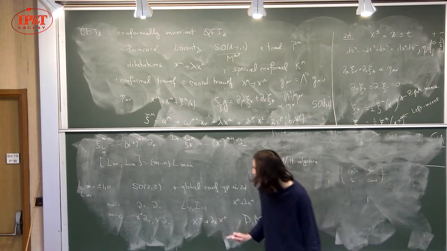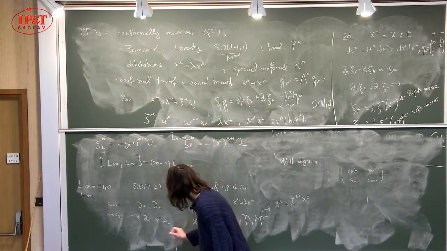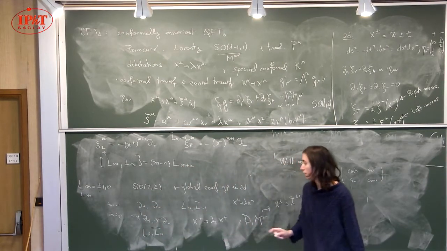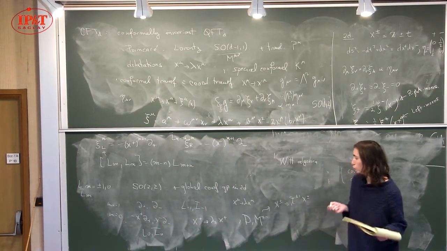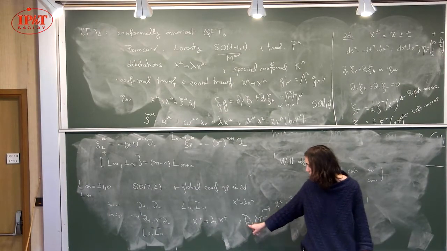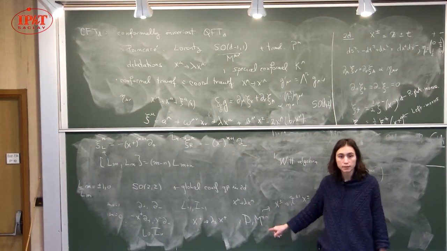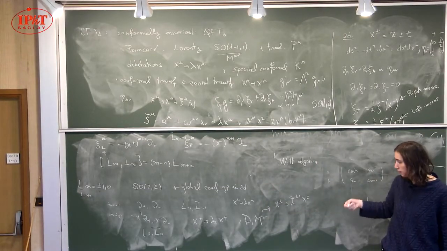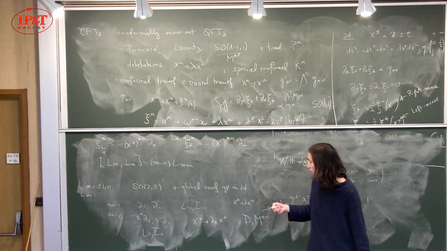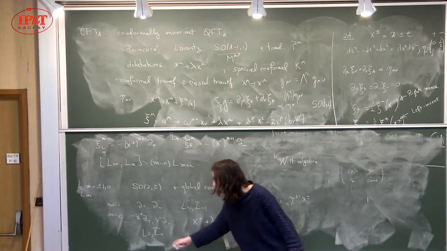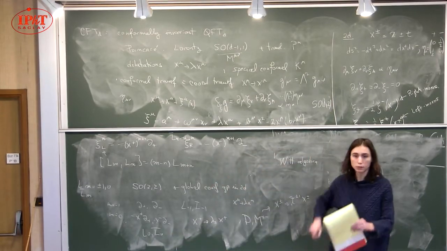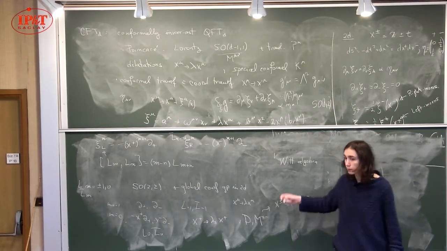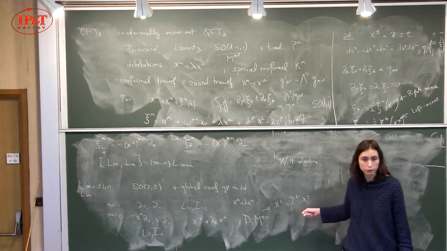So you see that these L naught and L naught bar generators, L naught corresponding to doing a simultaneous dilatation and boost such that only x plus changes and x minus stays invariant, and L naught bar corresponds to doing a different combination of dilatation and boost such that x plus stays invariant and x minus changes.